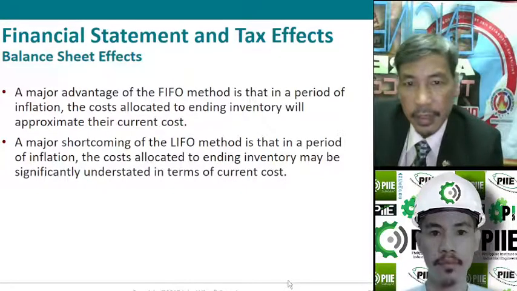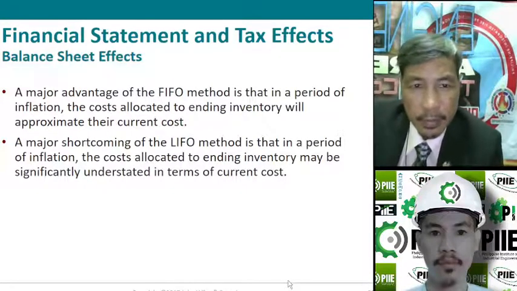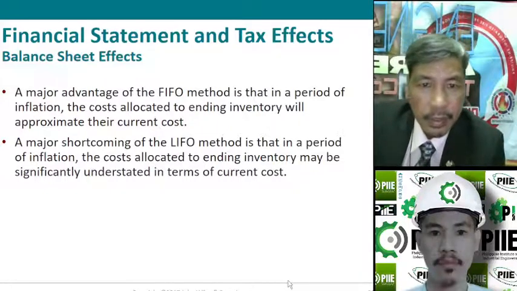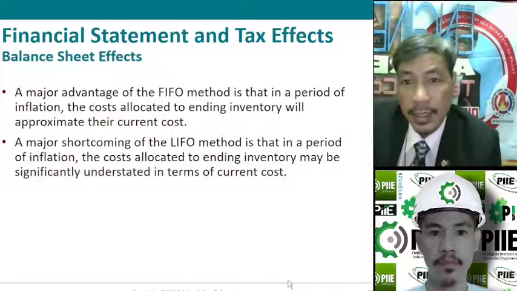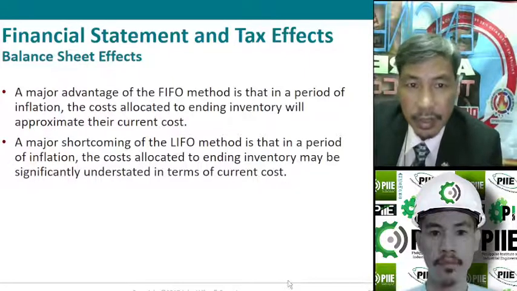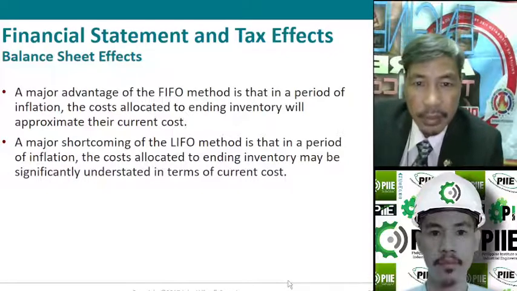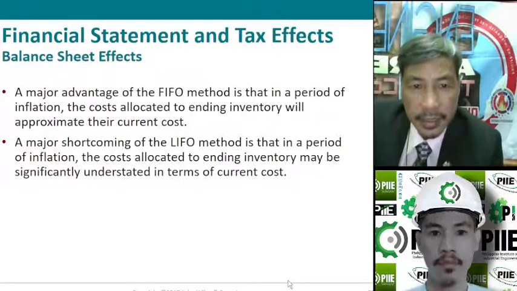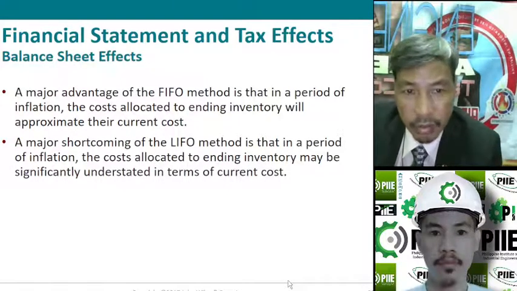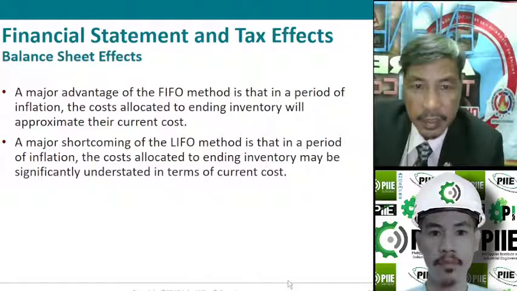Balance sheet effects. A major advantage of the FIFO method is that in a period of inflation, the cost allocated to ending inventory will approximate their current cost. Okay. A major shortcoming of the LIFO method is that in a period of inflation, the cost allocated to ending inventory may be significantly understated in terms of current cost. Okay? Period of inflation.